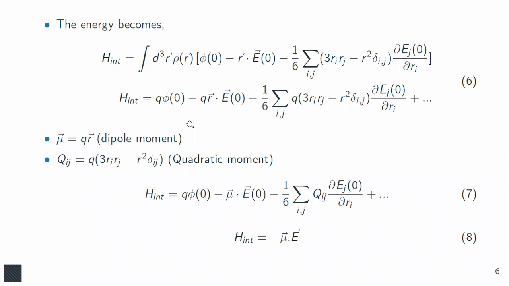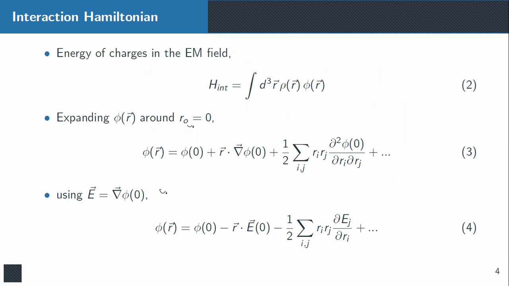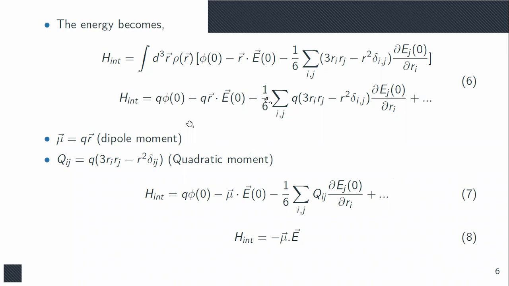Putting this Taylor expansion of the scalar potential, which depends upon the spatial arrangement of the charges, into this interaction Hamiltonian, and taking the integral of the volume charge density over a certain volume, we get these terms. These terms are quite interesting and easy to recognize: the first term is just the interaction of the monopole charge with the potential at the point.